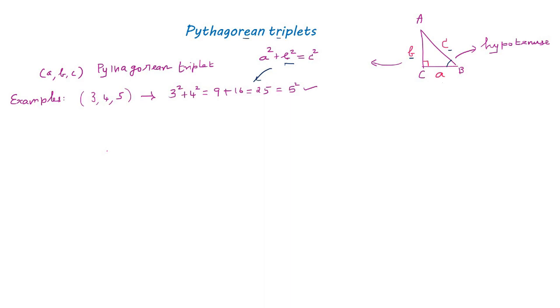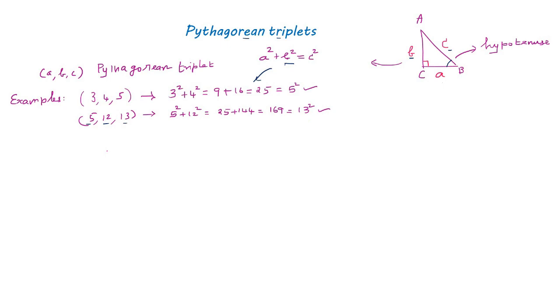Another example, 5, 12, 13. This also proves a squared plus b squared is equal to c squared. So 5 squared plus 12 squared is 25 plus 144, which is 169, which is 13 squared. So the square of 5 plus the square of 12 is equal to the square of 13, verified here.